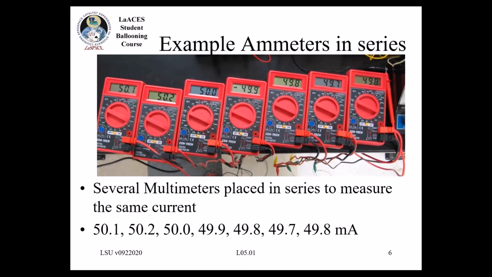For example, and this was actually done here at LSU, we put 7 multimeters in series and put about 50 milliamps through them and see what they all read. You can see that there is some spread between those. We got values as low as 49.7 and as high as 50.2.